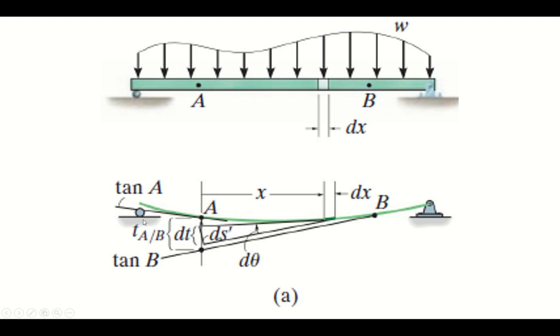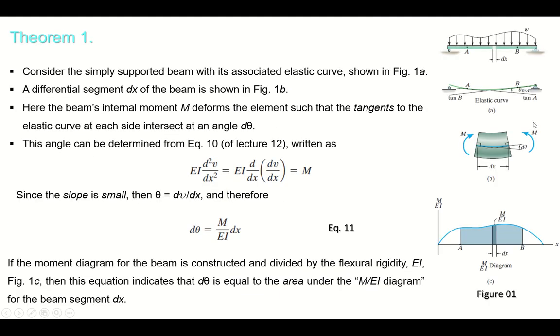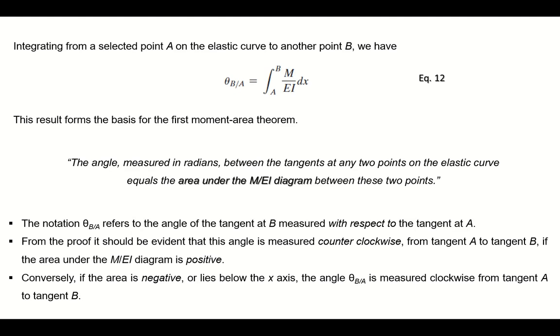Now in order to calculate this distance, just assume or consider this small element dx that it is deformed just like the previous example, just like this one. Okay, it is subjected to M and it will deform in this way. So we can draw two tangents from its two ends, right? And it forms d theta. The angle between the tangents is d theta.